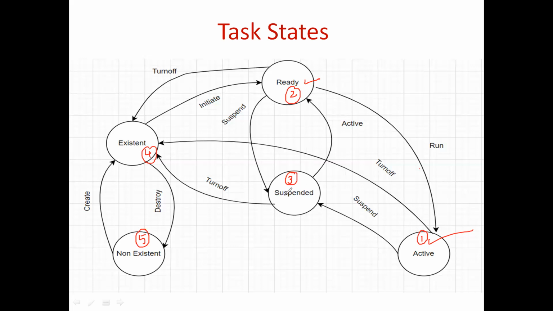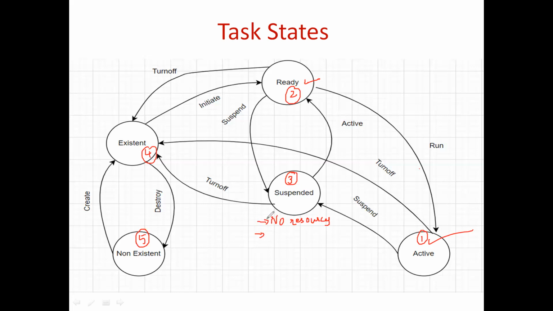Next, coming to the suspended task. The execution of the task which is placed in this suspended mode is there because there might be some reasons. Maybe the resources are not available to service this task at that particular instant of time.